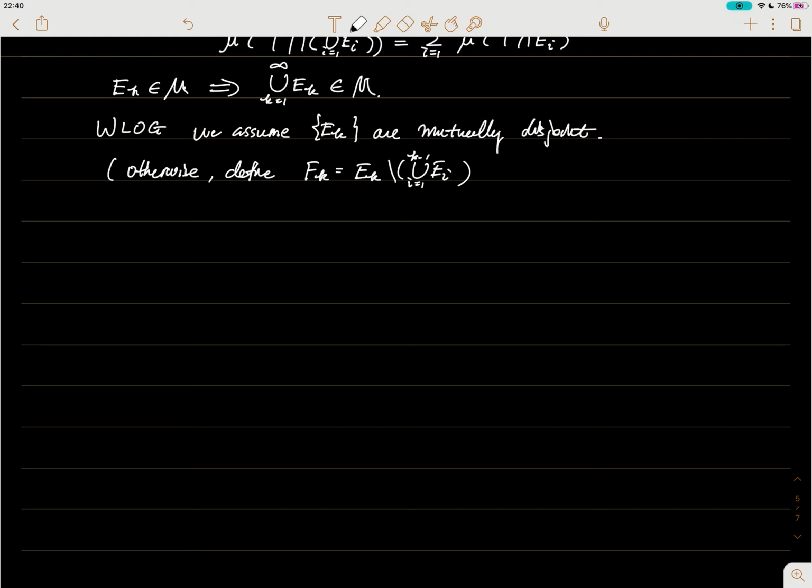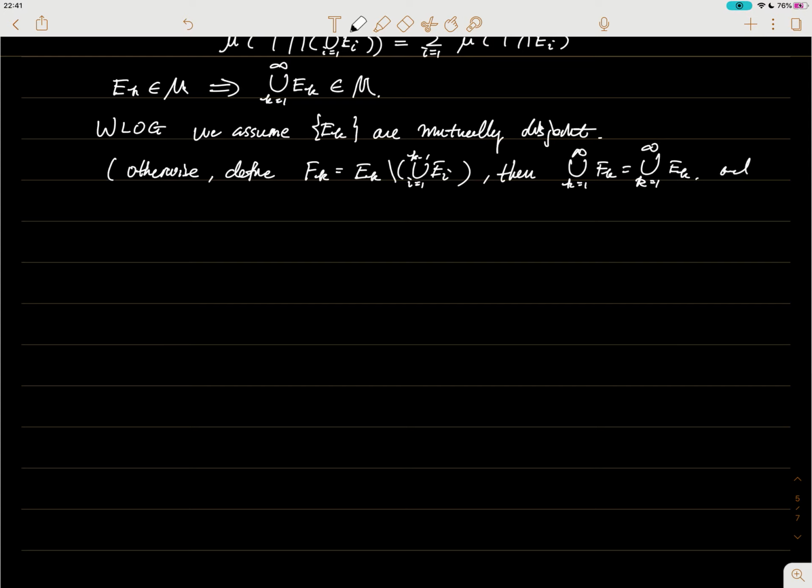By defining Fk in this way, every time Fk just collects whatever is new in Ek. So the union of Fk will be still the union of Ek, but the Fk's are mutually disjoint.